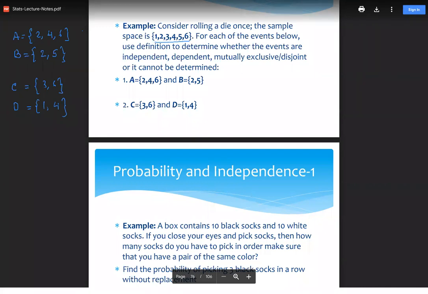Is the question clear to everybody? In the context of rolling a die, we have defined 4 events, A, B, C, and D. Now we are going to find out whether the events A and B are independent or not. If 2 events are not independent, they're called dependent, right? Then the next thing we are going to find out is whether they're disjoint or not.